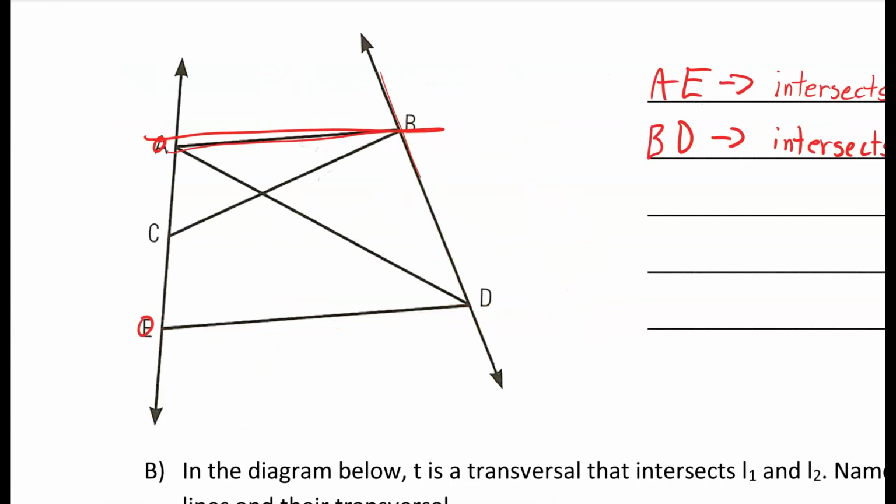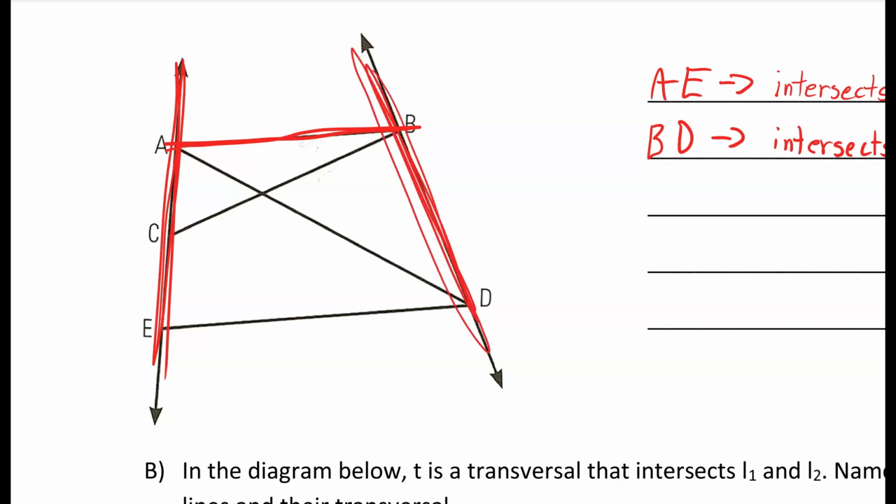Another line that we could talk about as a transversal would be AB. So this line that goes across here, well, it's intersecting with this line that's coming up and down and this line that's coming up and down.